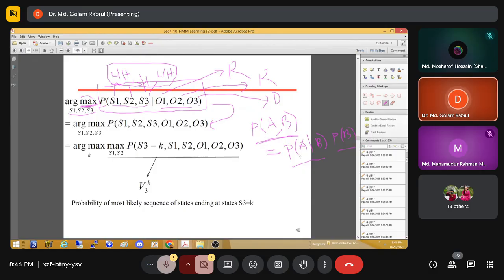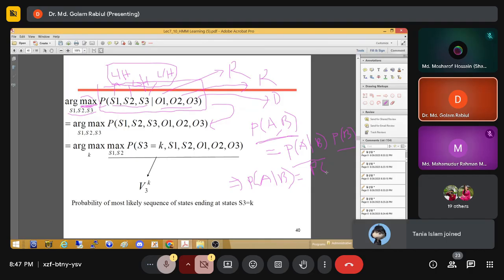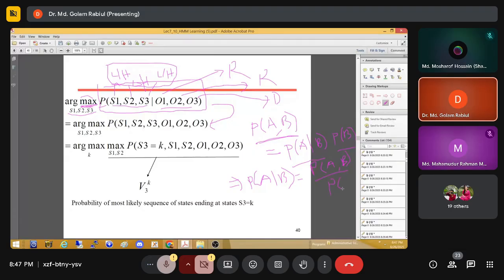So from here, we can write the probability of A given B as probability of AB divided by probability of B. Here it is the same thing.